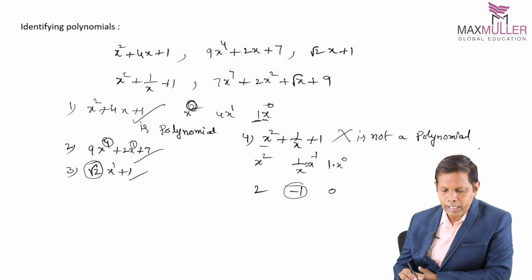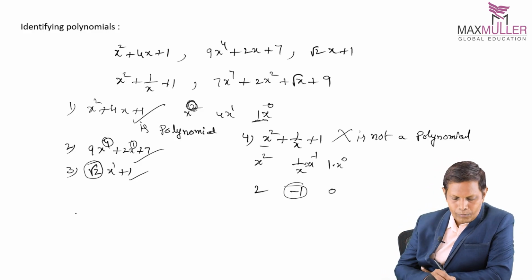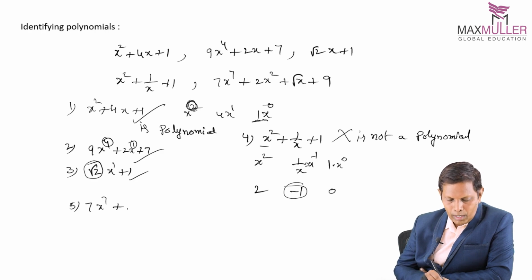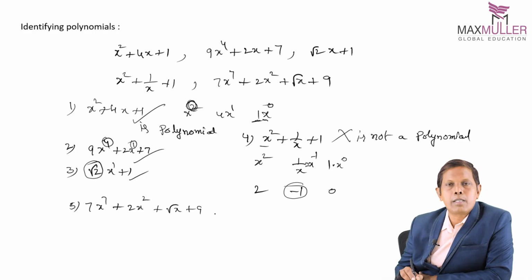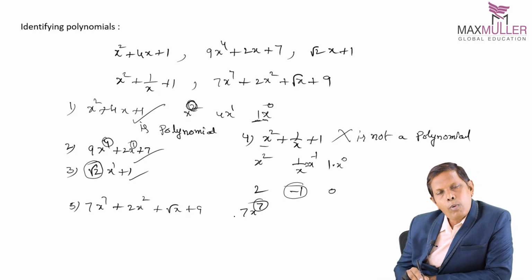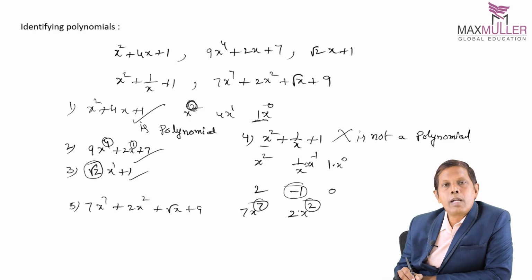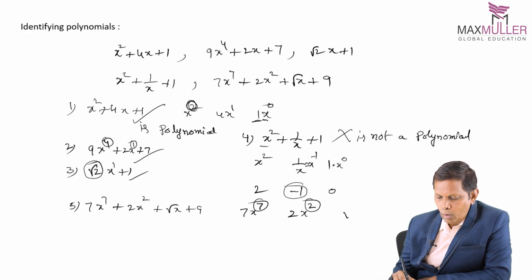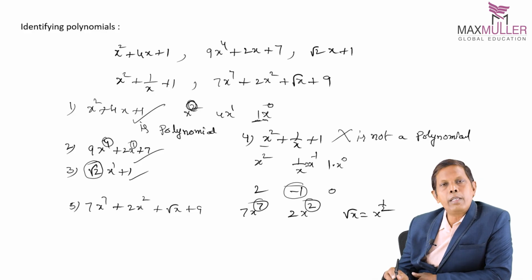Next, the fifth one, 7x power 7 plus 2x square plus root x plus 9. The first is 7x power 7, degree 7, positive. The second monomial 2x square has degree 2, positive. The third is root x, which I can write as x power 1 by 2.